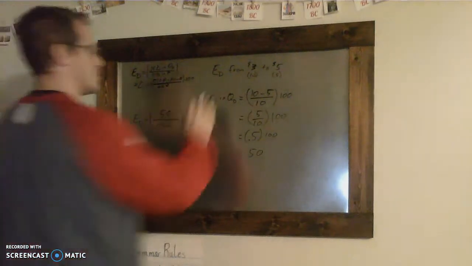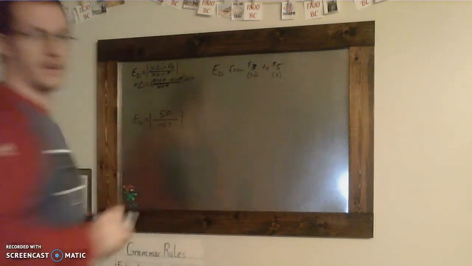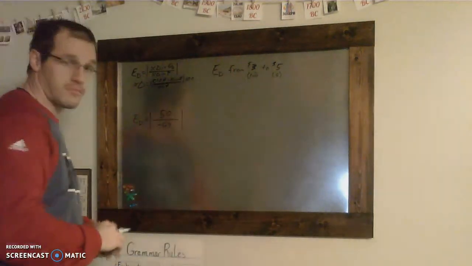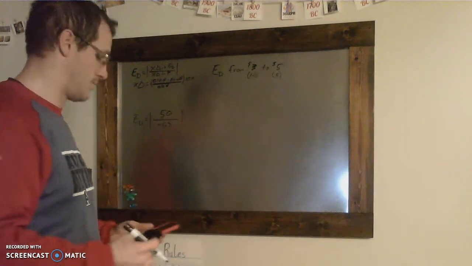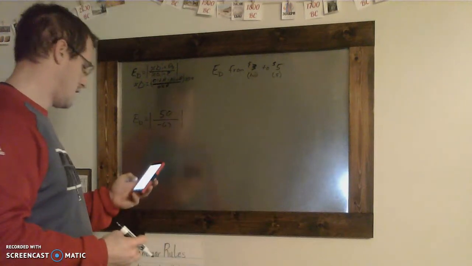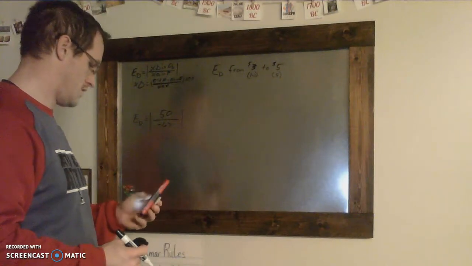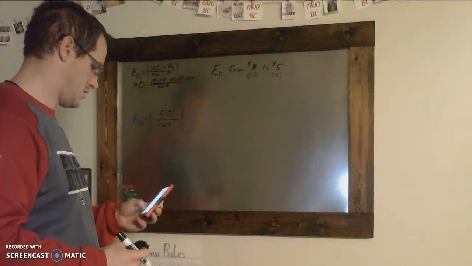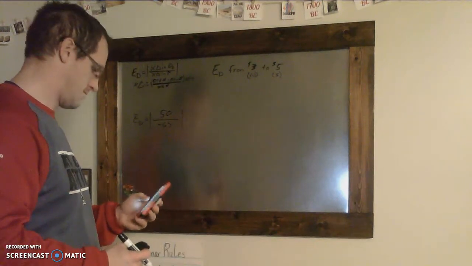Now, it's at this point that we're going to erase our percent change in quantity demanded that we worked through. Now is where I'm going to have to pull out my calculator, which again is my cell phone, and I'm going to very quickly take 50 divided by 67.